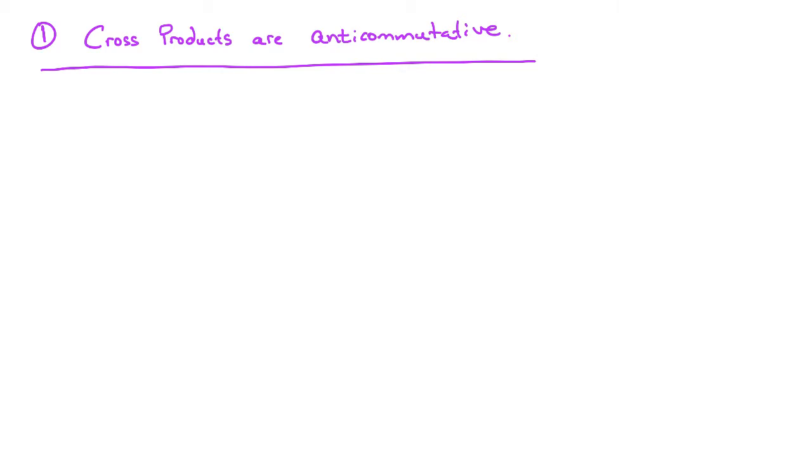The first property that we encounter is that cross products are anti-commutative. The best example of the commutative property that we've just encountered is the dot product. If we do the dot product of u and v, it doesn't matter which order we do it in; we get the same answer either way.